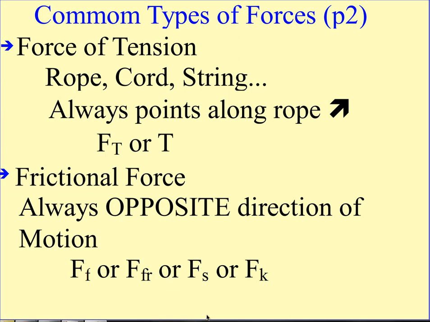And we use a number of different ways to describe friction. We'll do capital F, lowercase f, or F with a little fr. In a little bit, we're going to learn about the two different kinds of friction, the kinetic and the static friction. Whenever you have two different frictions, you do need to determine whether you're talking about the static or the not moving friction, or kinetic or moving friction. We'll discuss those more in a minute.